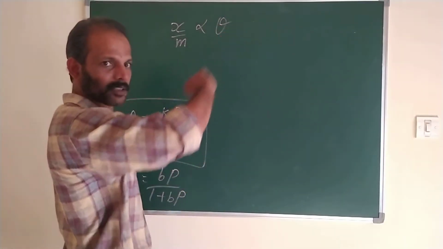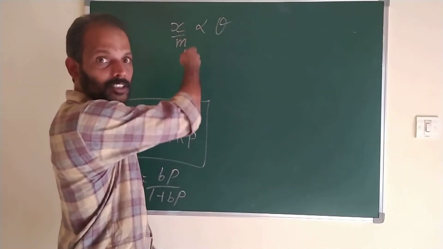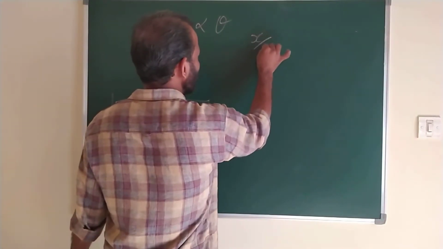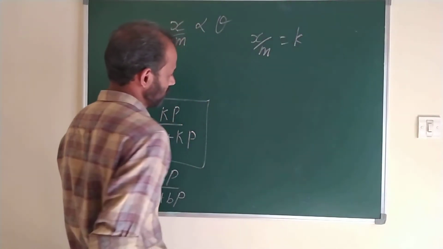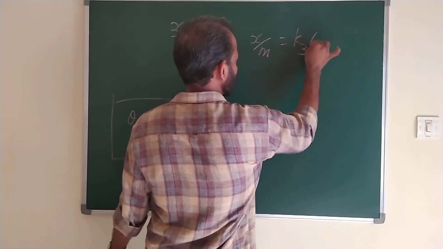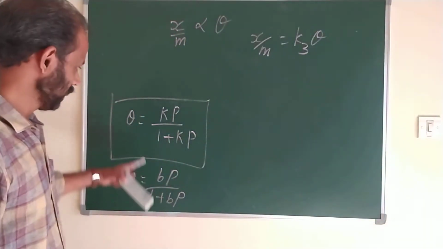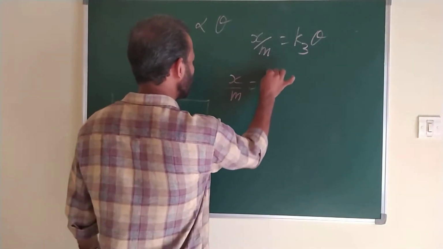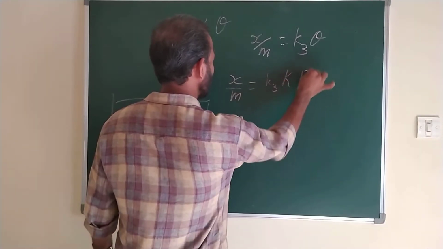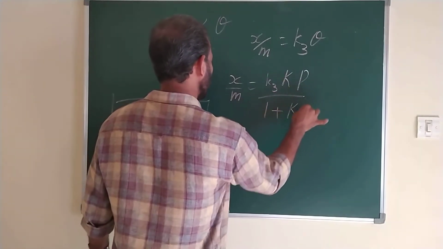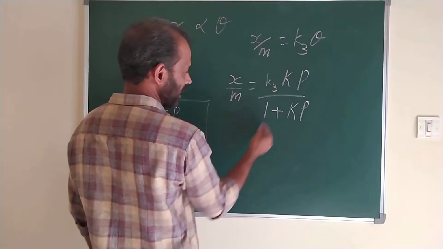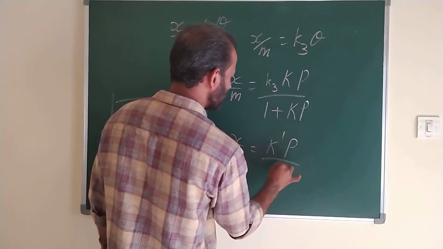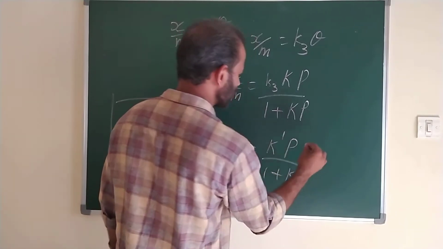So x by m is equal to k3 theta, but theta is equal to this one, so x by m is equal to k3 into capital Kp divided by 1 plus Kp. Then k3 and K, you can put it as x by m is equal to k dash p divided by 1 plus Kp.